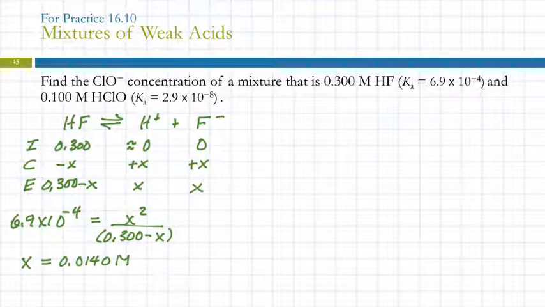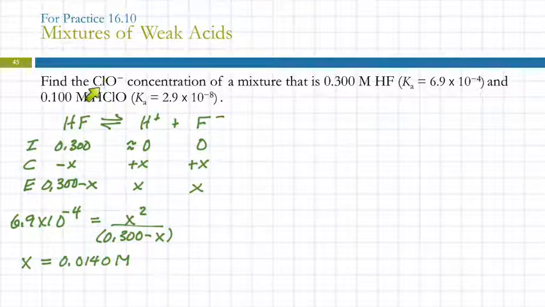Because honestly, I can punch it into my calculator and solve it faster than I can use the x's small approximation. So this x is telling me that the contribution of H plus from the HF is a concentration of 0.014 molar. Now that's not telling me anything about the hypochlorite ion concentration.